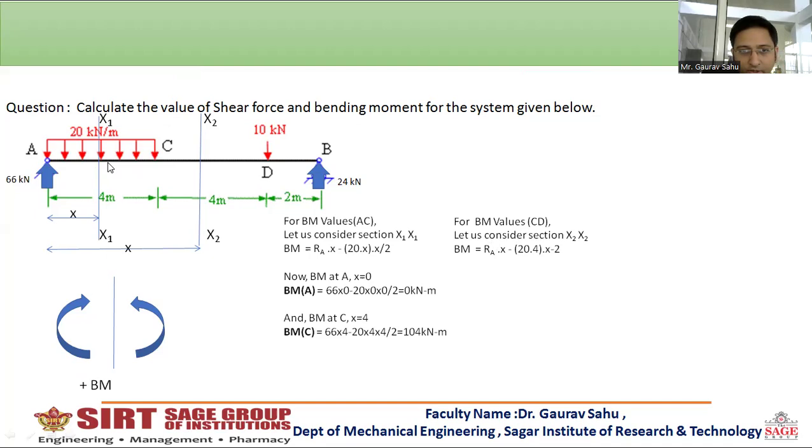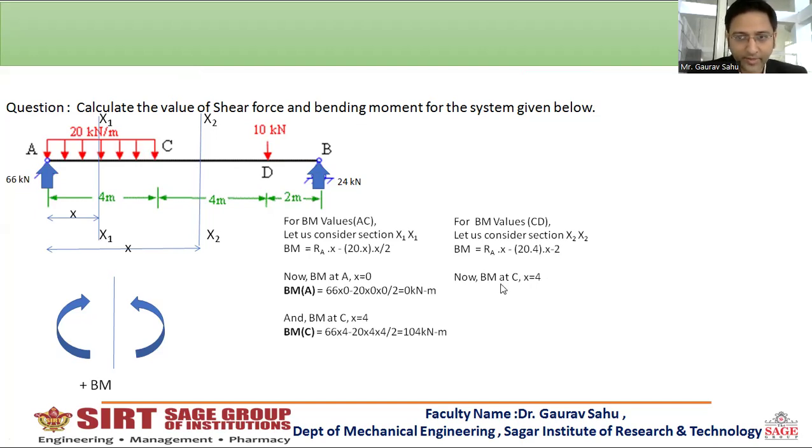So the distance of the midpoint from this portion to this portion is x minus this portion, and this portion is half of 4, which is 2. So the distance of the point load 20 into 4 from this reference point will be x minus 2, because x is the total distance and 2 is from here. So when you deduct 2 from this x, the remaining will be this portion. That's why it is x minus 2.